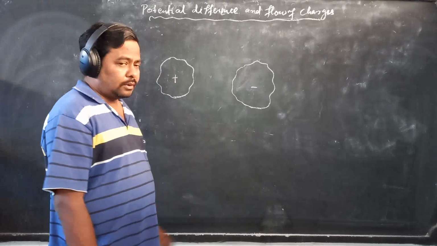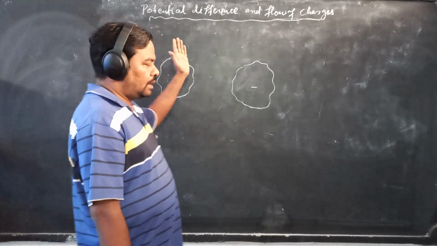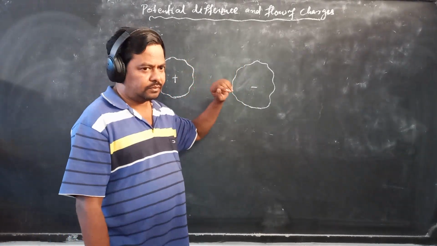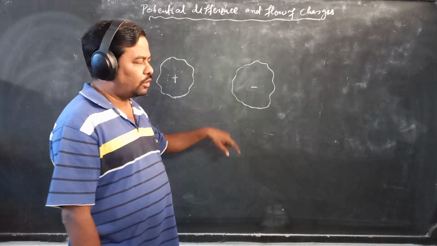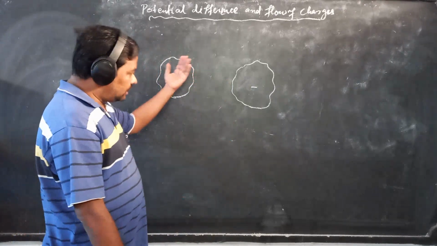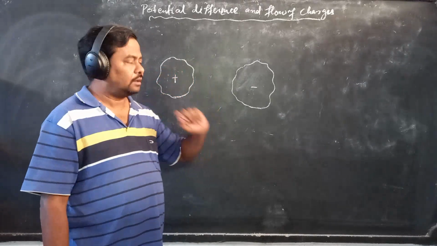Now you have already read about the potential difference. What is that? That is the amount of work done to move one unit positive charge from one point to another point inside the field, provided during that motion an opposite force will be existing.